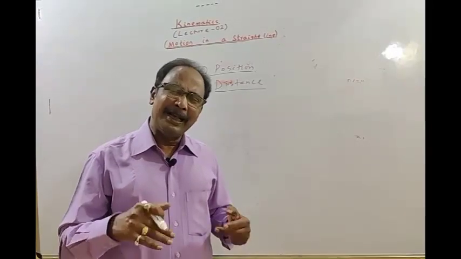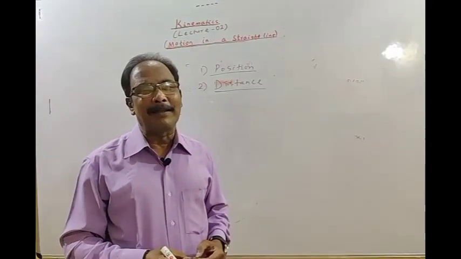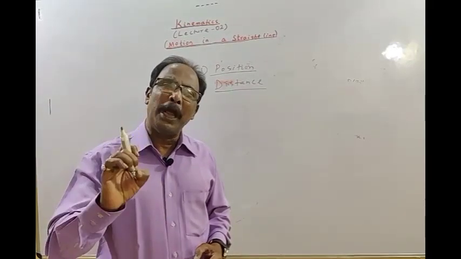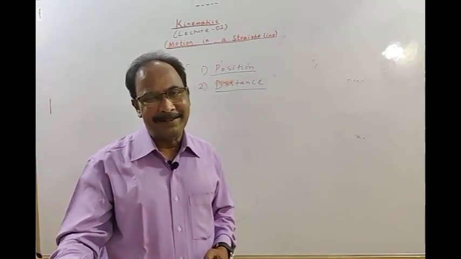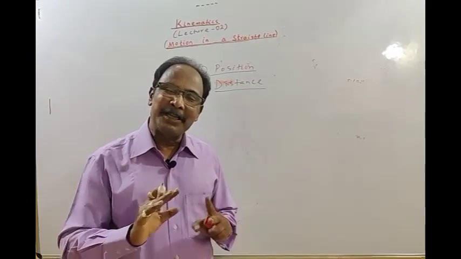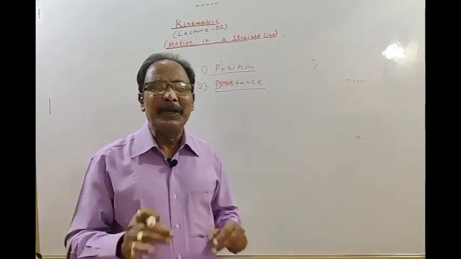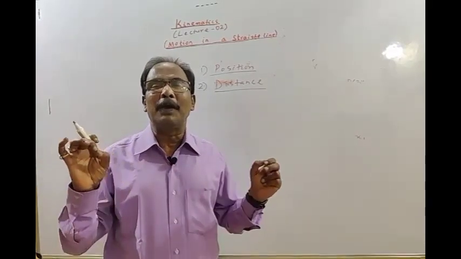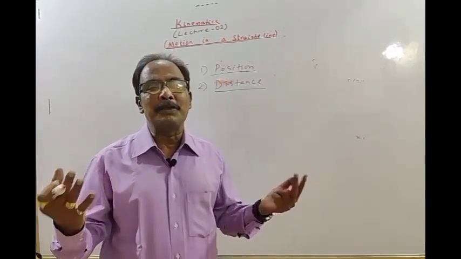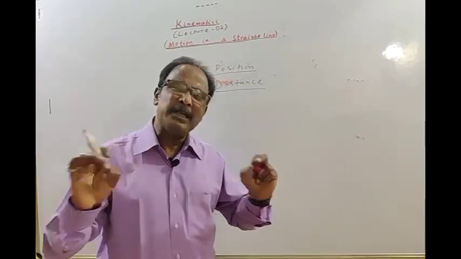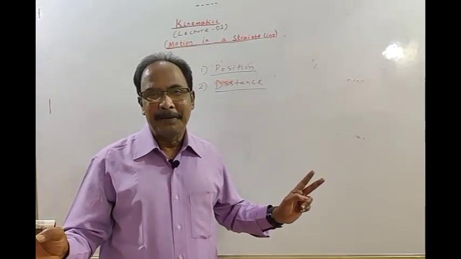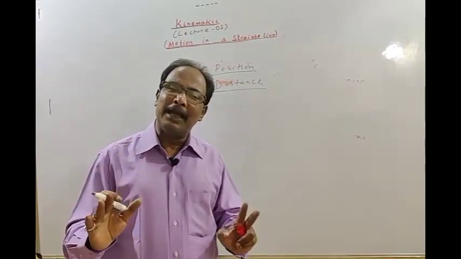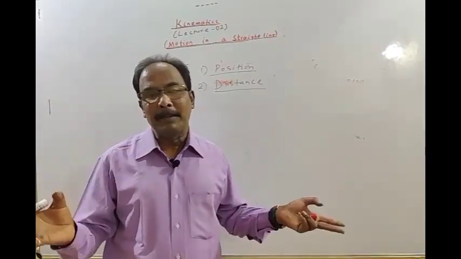In other words, distance is the actual path length covered by a body irrespective of direction. So the definition says distance has no definite direction. It's irrespective of direction. So distance is basically path length, or length of path.